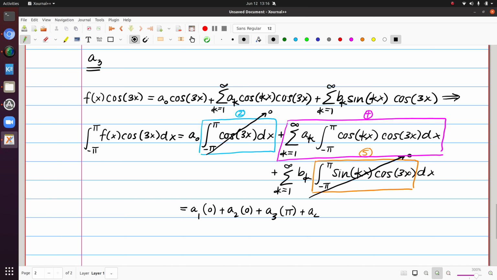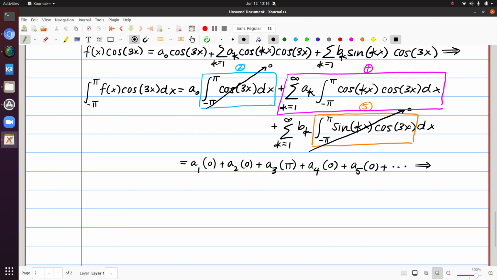And then when I get to a4, I have cosine 4x times cosine 3x. And anything after this is likewise going to be multiplied by 0 because the argument of the cosine function does not match. This means that what we're actually finding here is that the integral that we started with, which was the integral from minus pi to pi of f of x times cosine 3x, is equal to the only thing that's not 0 on the right side, which is pi times a3.